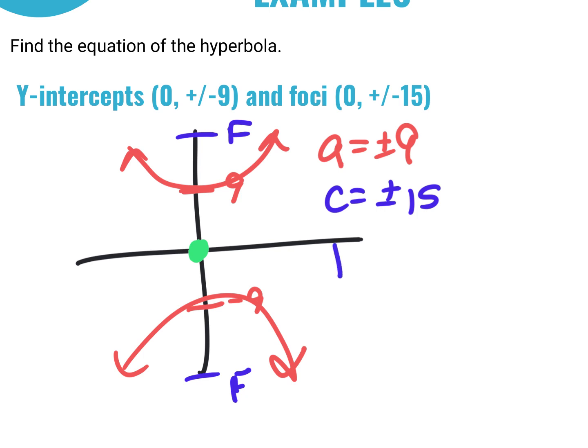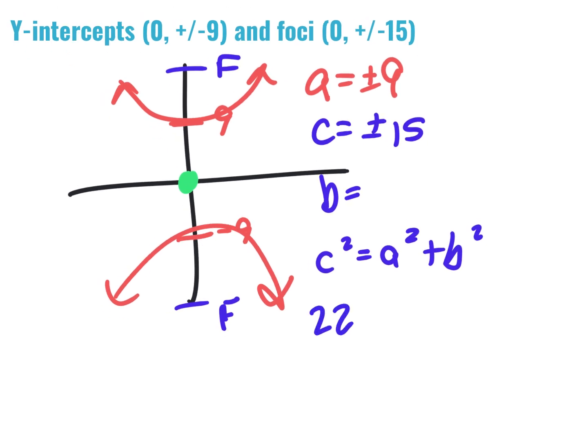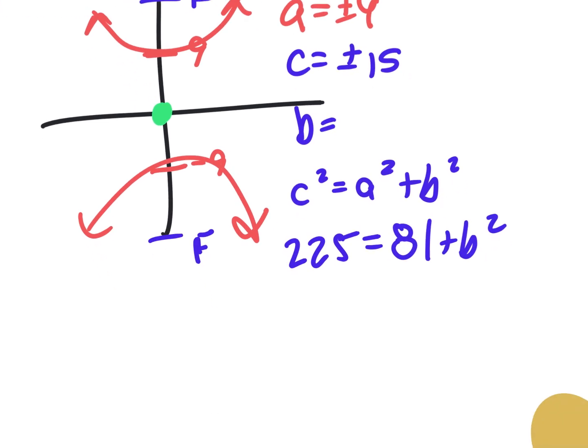So let's find B, or B squared. C squared equals A squared plus B squared. Are you all right with me saying 225? And then 81. 15 squared is 225. 9 squared is 81. So B squared equals 144 when I subtract.